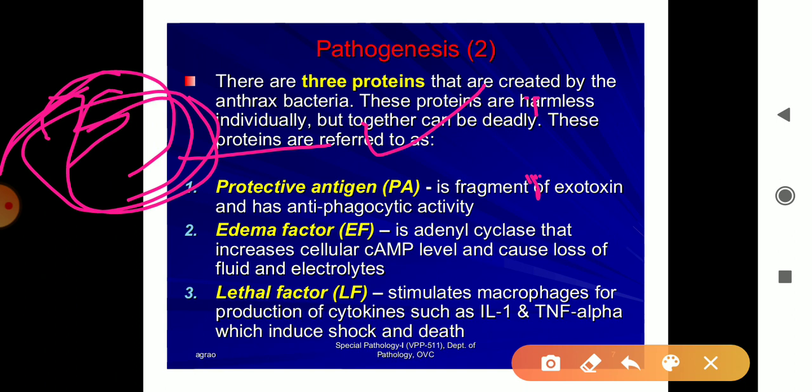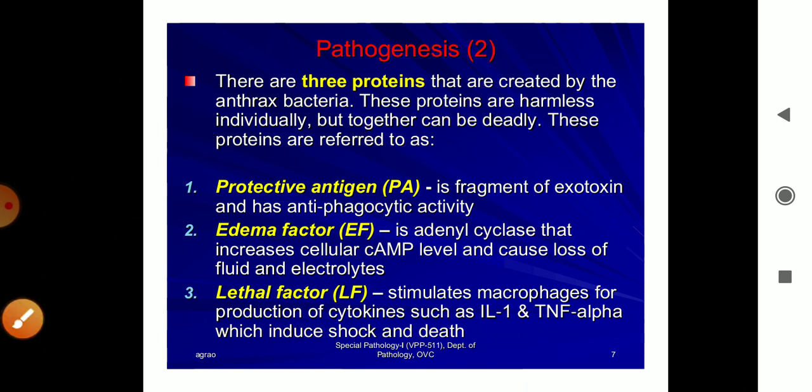And the lethal factor stimulates the macrophages for production of cytokines, interleukin 1 and tumor necrosis factor TNF alpha, which cause shock and death. All these three antigens are very important, and there is extensive study on these three antigens.